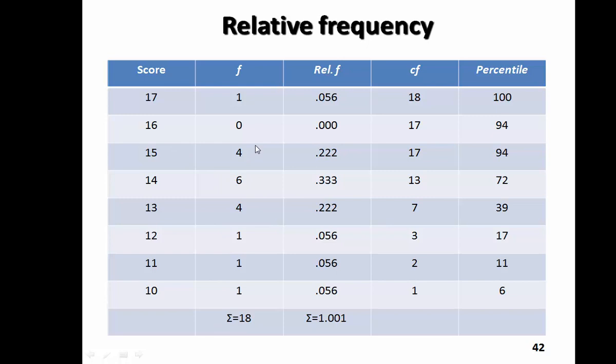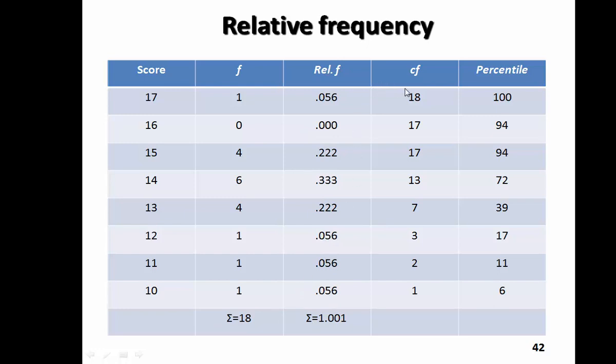The relative frequency, based upon the equation on the previous slide, is a ratio expression of 1 divided by the total sample size, and here we see 0 divided by the total sample size, and this continues all the way down to the bottom of the table, which we'll describe shortly.